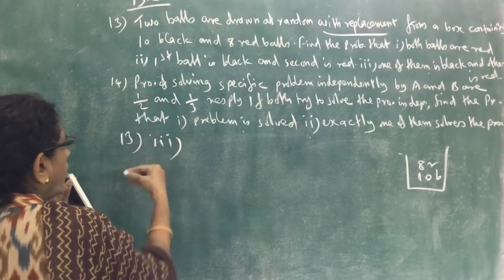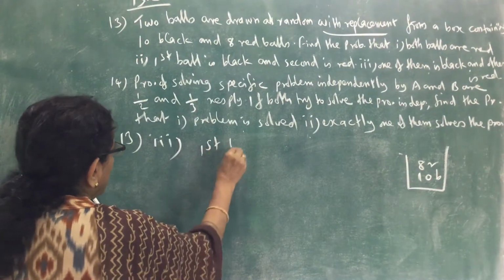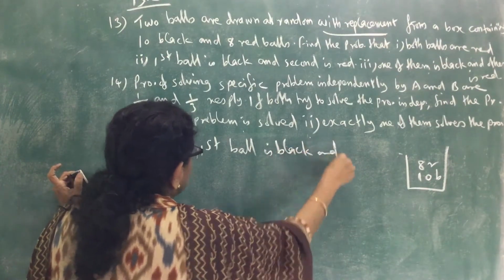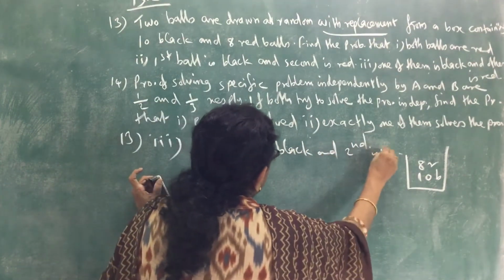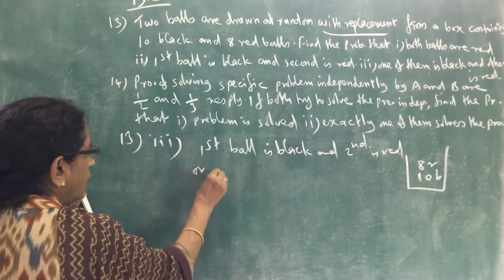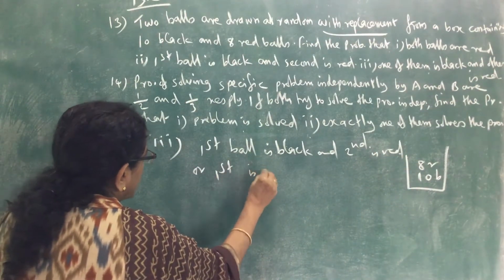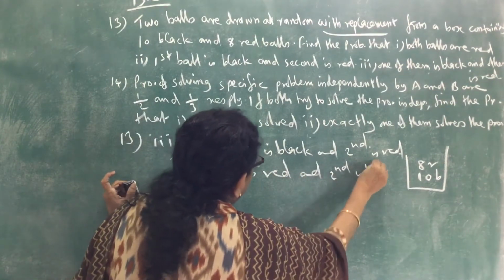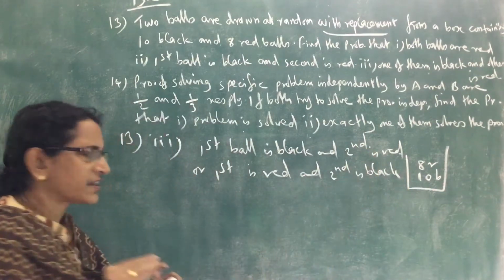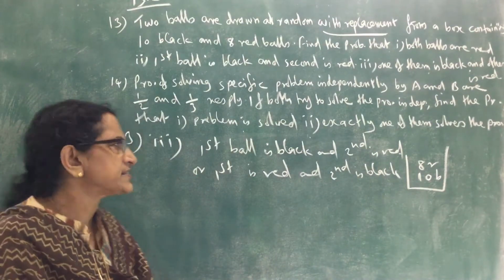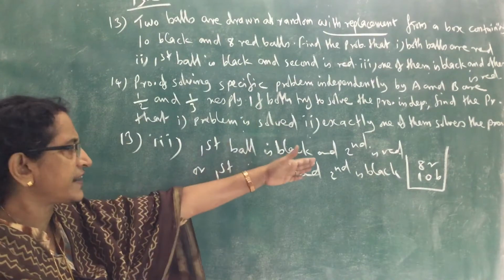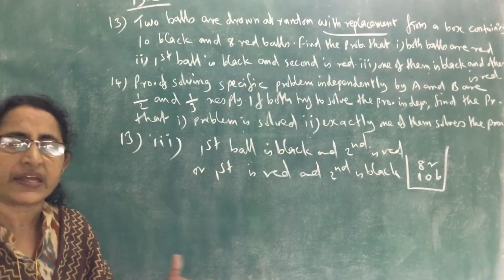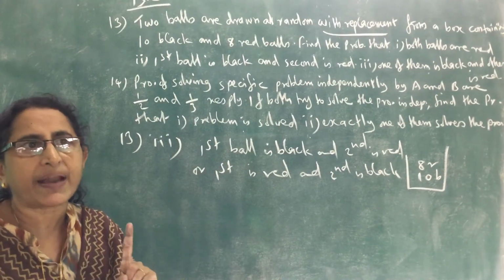Third one. One possibility: the first ball drawn is black and the second is red, or the first is red and the second is black. In both cases we are getting one black and one red.